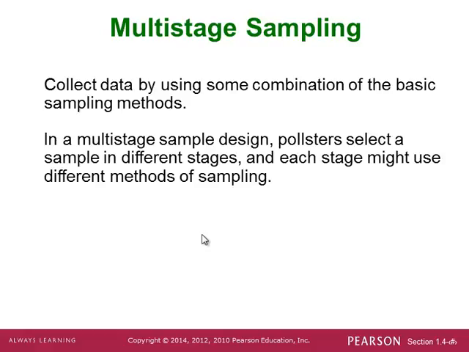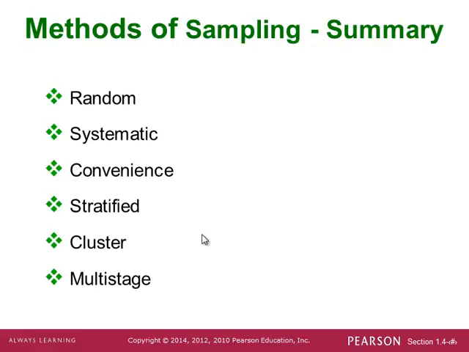It could be that there's a systematic sample at one stage and a simple random sample at a different stage. So here's the list of the different types or methods of sampling that we've talked about here.